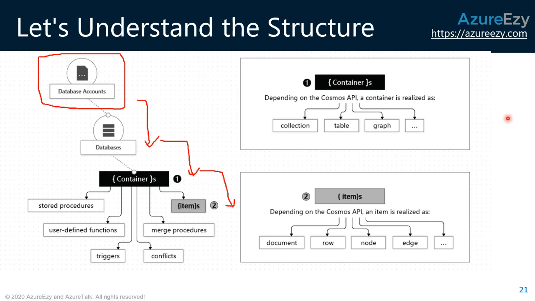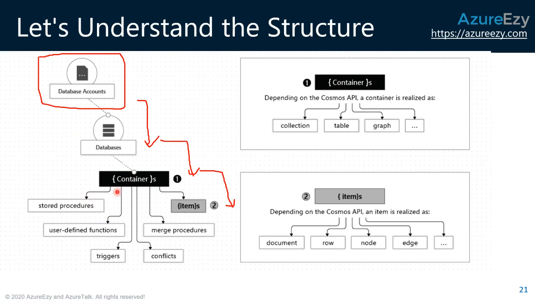Now, if you are following the SQL analogy, there is a small difference, because all these things are connected with the container, not with the database. We generally define stored procedures, user-defined functions or other objects at the database level in SQL, but here we are defining them in the container.